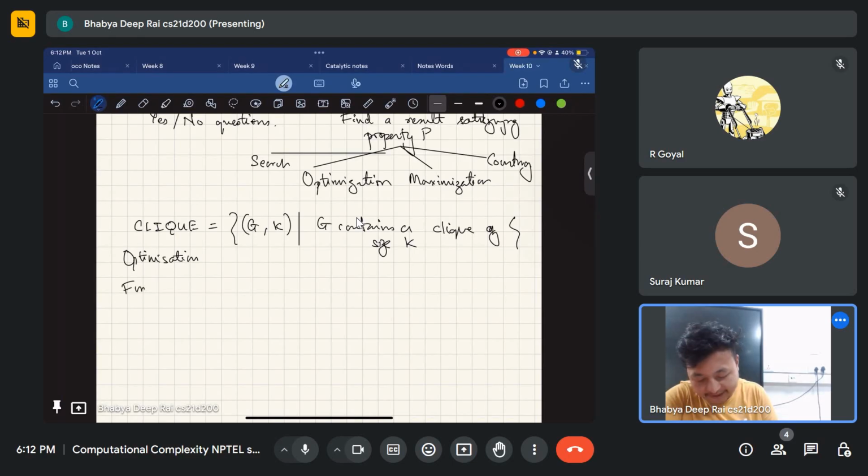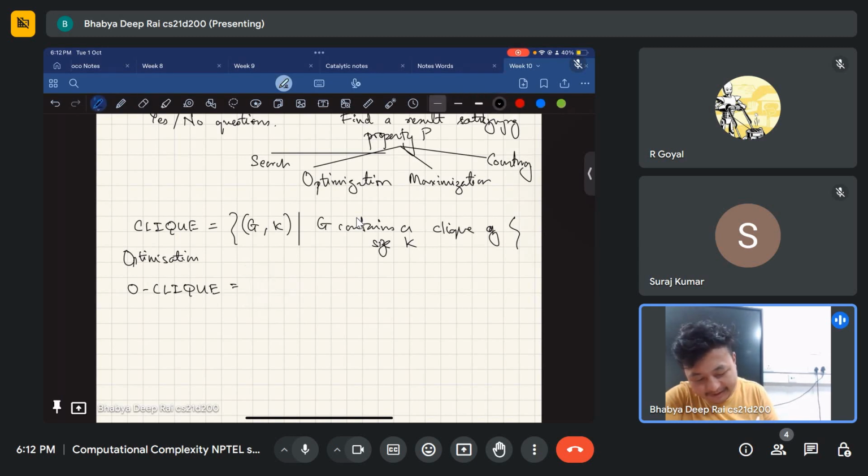Something like find optimization, so I'll call it O-click. Again, it's not K anymore; I cannot write it like this.